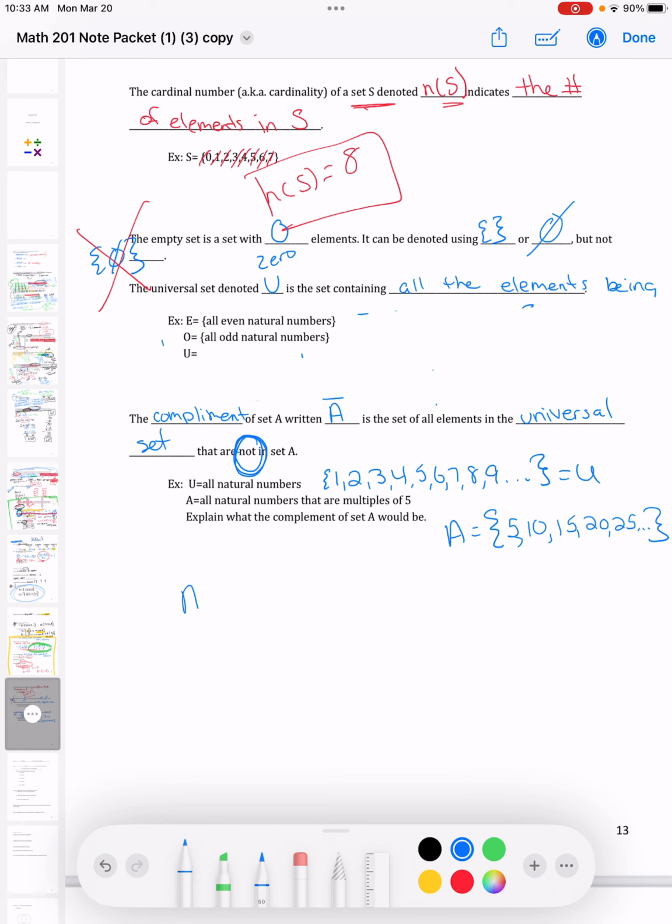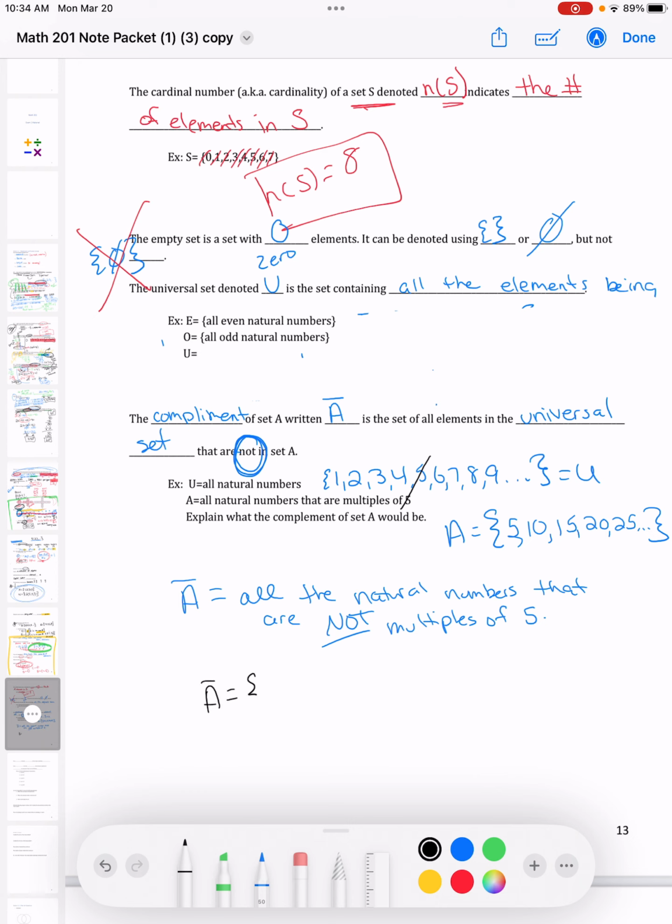So the complement of A would be everything that's not in A. So in words, that would be all the natural numbers that are not multiples of 5. If you're a visual person, I'm just going to take out all the multiples of 5.